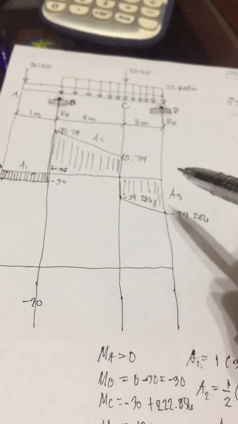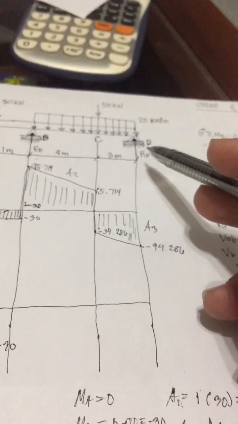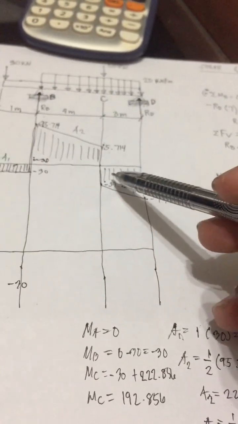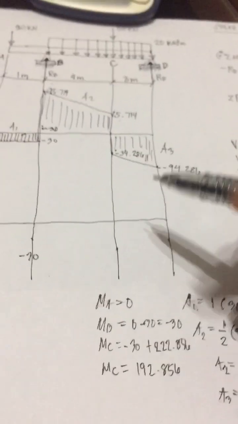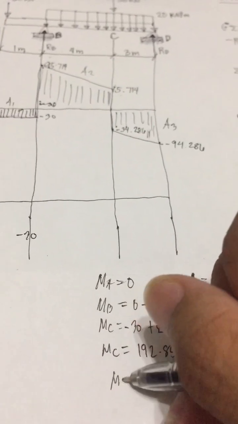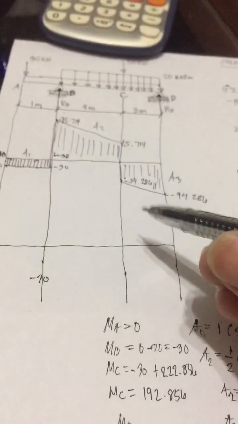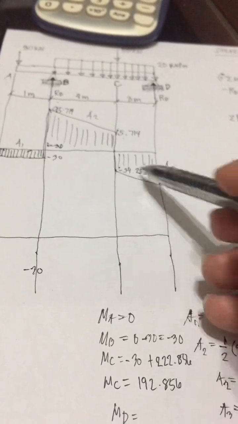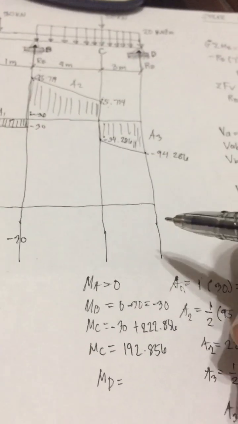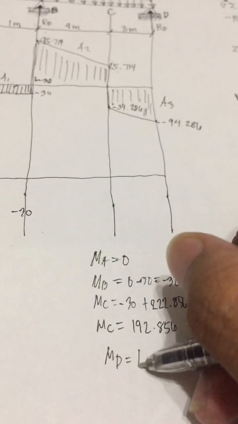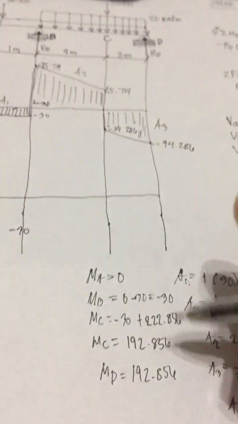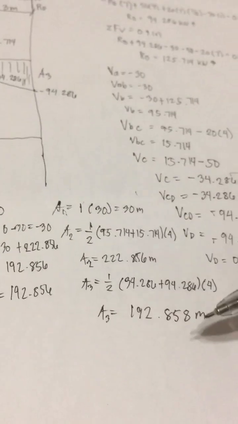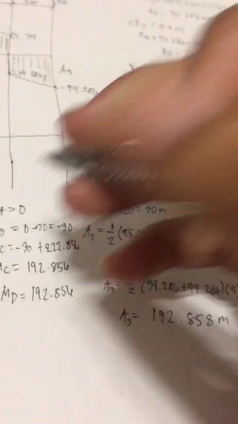Then I'm going to get the moment for D. From C to D, with respect to our area in this, we're going to add our moment for C and the area from C to D to get the moment for D. So 192.856, and our area on this side is 192.858.